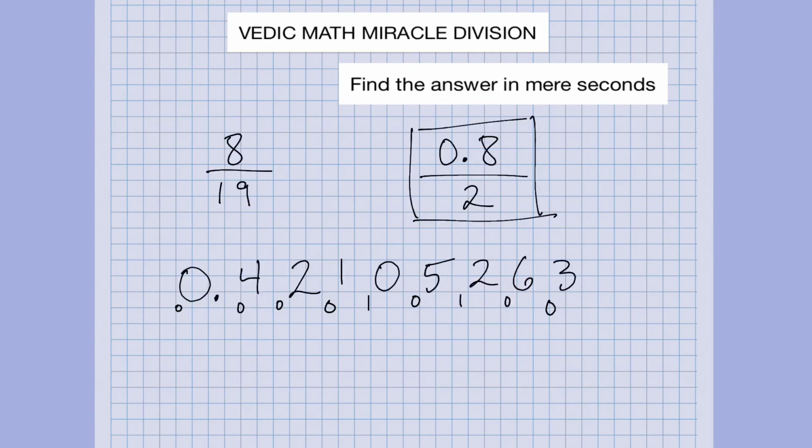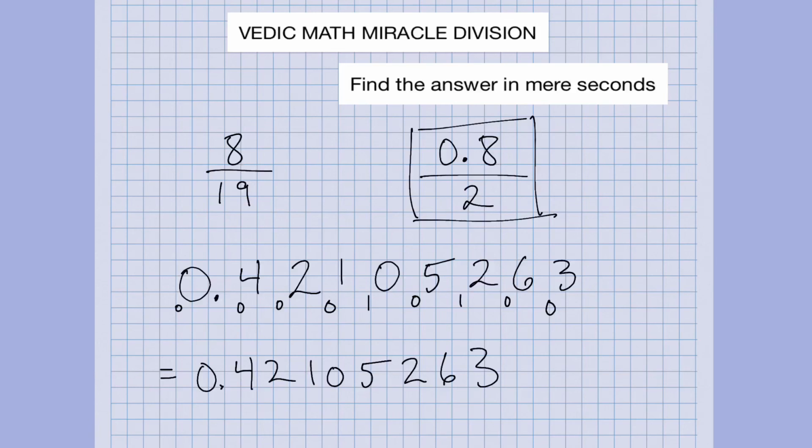You could just keep going on and on with this, continuing this process. So we have the answer here, 0.42105263. We get our answer really fast using this technique.